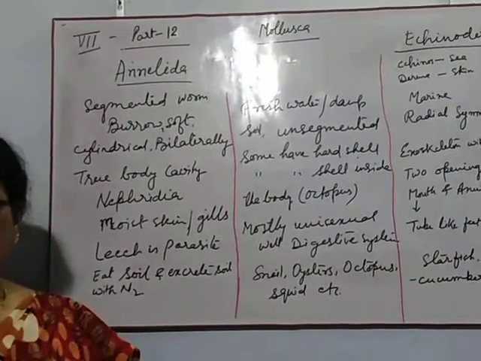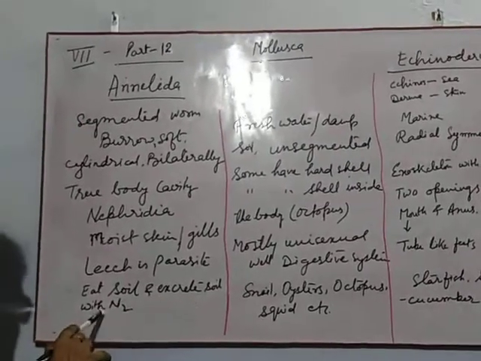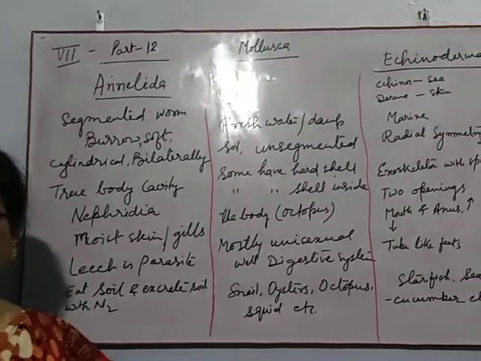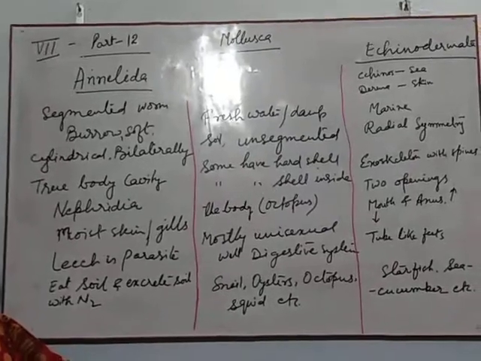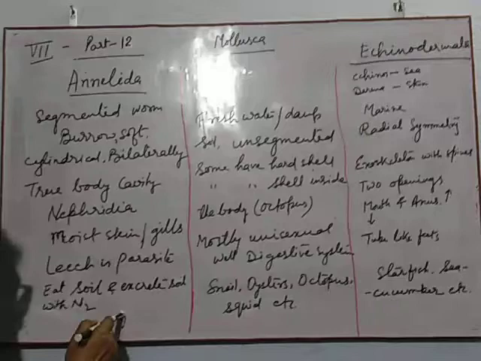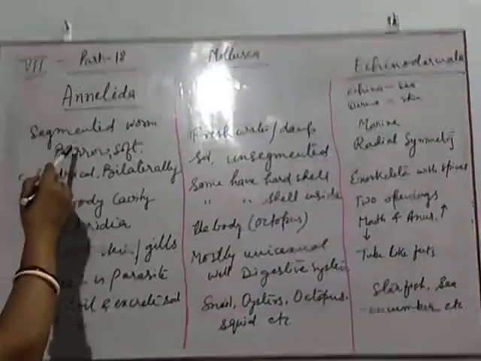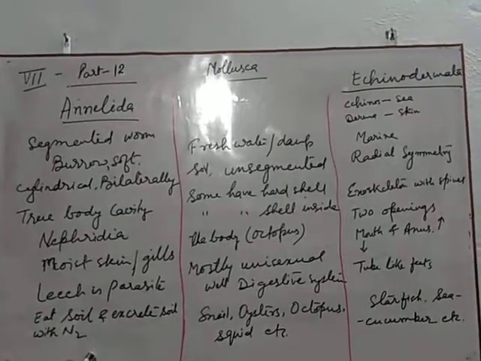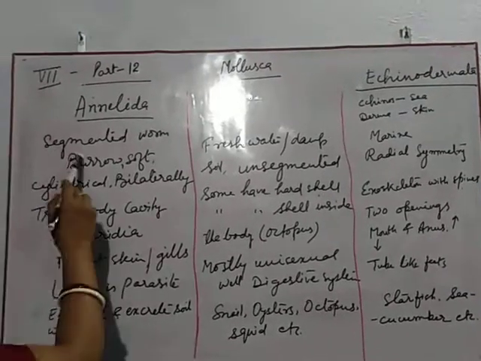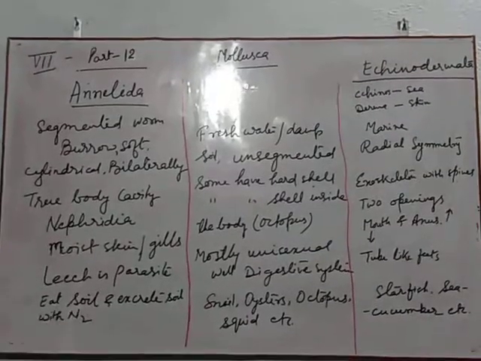But that soil, like our excretory material, contains nitrogen, which helps the farmer and makes the soil more nutritive. That's why the earthworm is called the farmer's friend. So these are the points that annelids have. For example, earthworm, leech, etc.